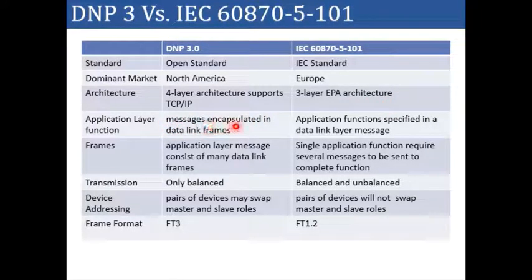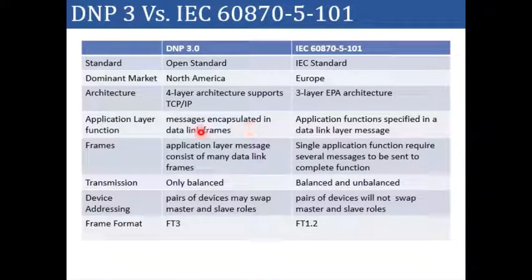In DNP3, messages are encapsulated in the data link frames, as we saw in the DNP3 data frame creation at various layers. The application layer protocol data unit is further subdivided at the transport as well as data link layer to create various smaller packets or frames of the data set.